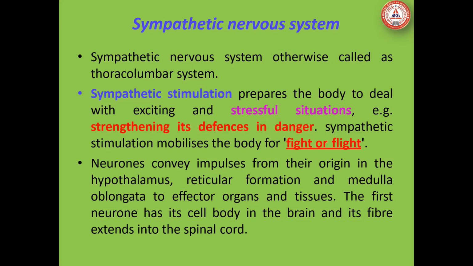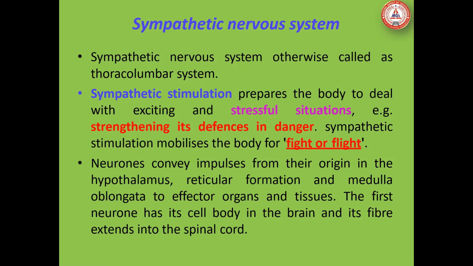Sympathetic stimulation mobilizes the body for fight or flight. That is, if a tiger comes in front of you, you either fight or flee. Neuronal impulses travel from their origin in the hypothalamus, reticular formation, and medulla oblongata to effector organs and tissues.